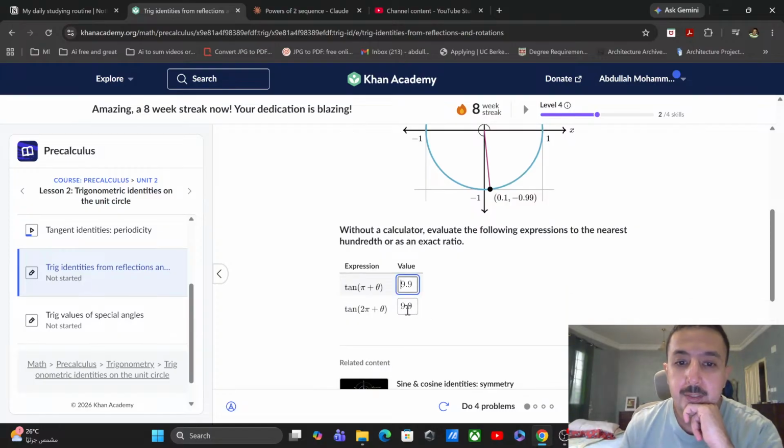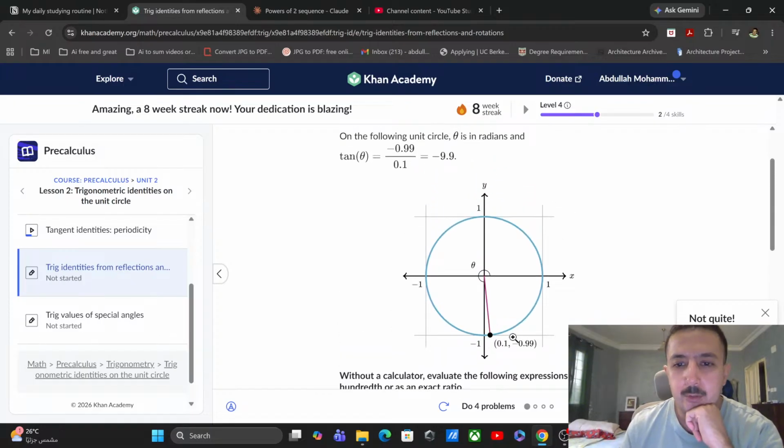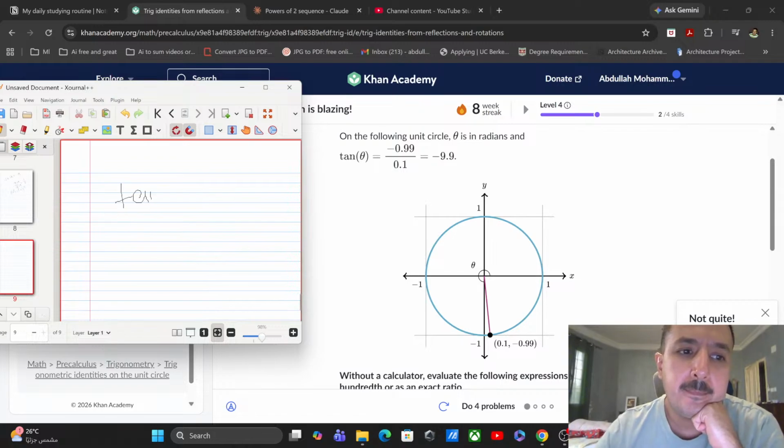Again, tan of pi plus theta is going to be equal to minus 0.99 over minus 0.1.